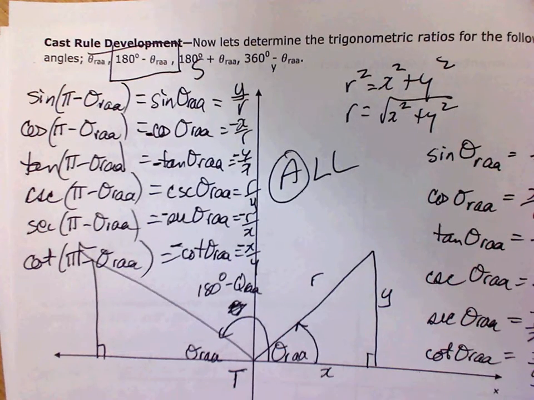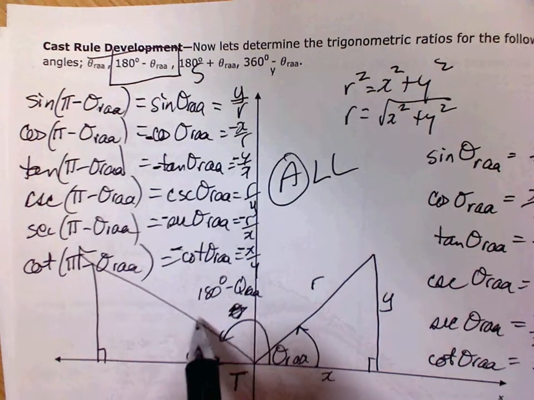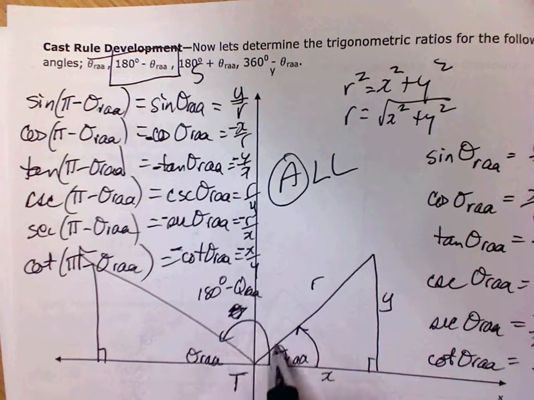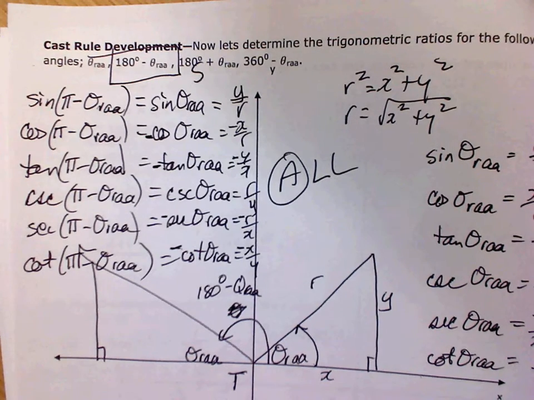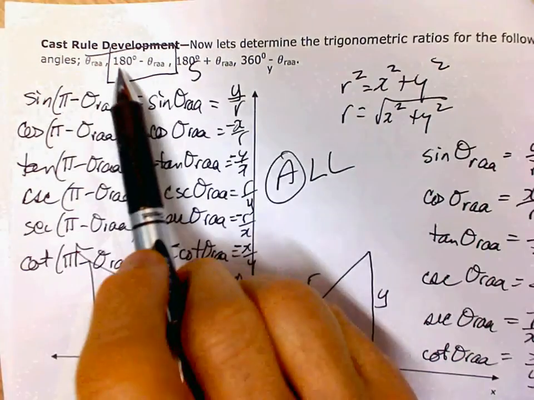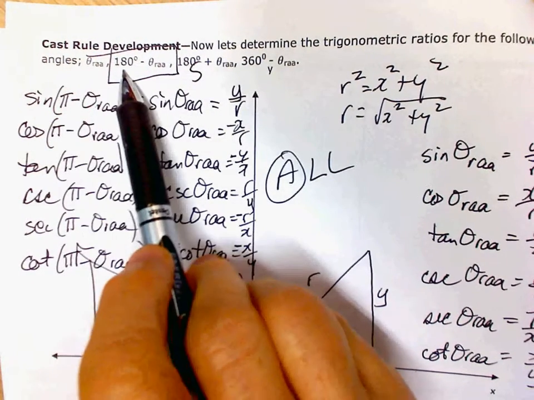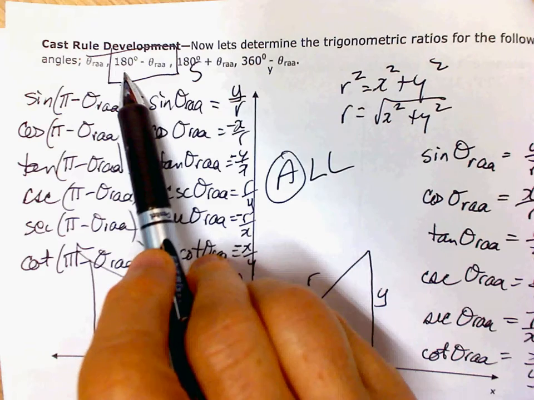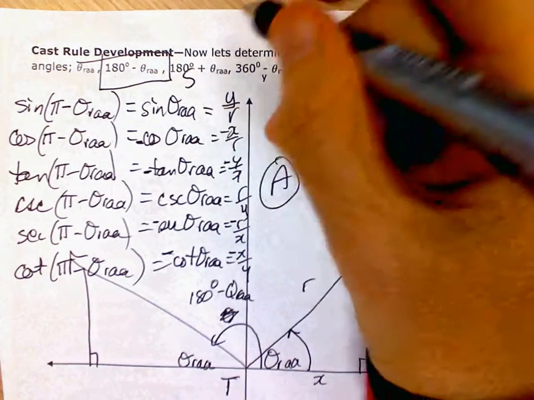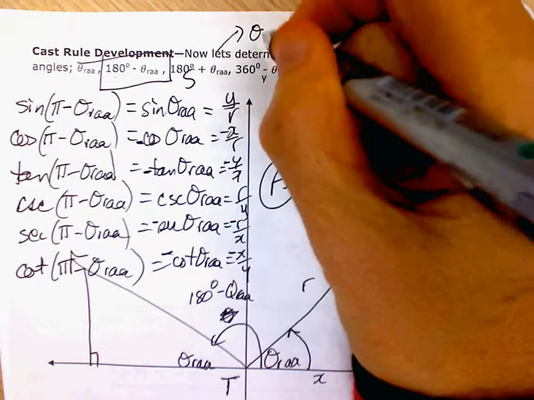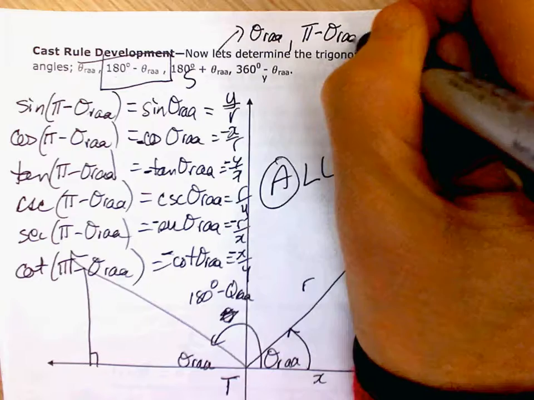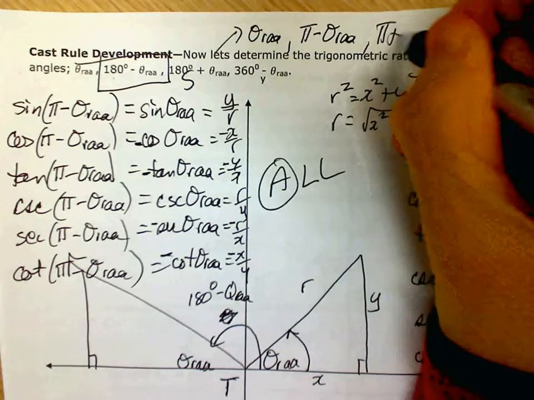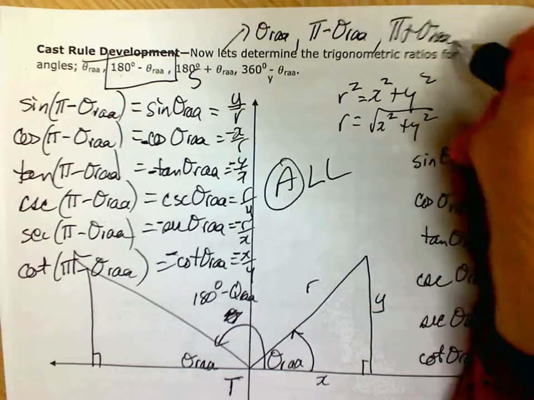Well, that's the angle that lands in the second quadrant. It's pi minus the related acute angle. We're in radians. I'm using radians as opposed to 180. Do you agree that pi is equivalent to 180? So this is going to be theta RAA, pi minus theta RAA, pi plus theta RAA, 2 pi minus theta RAA.